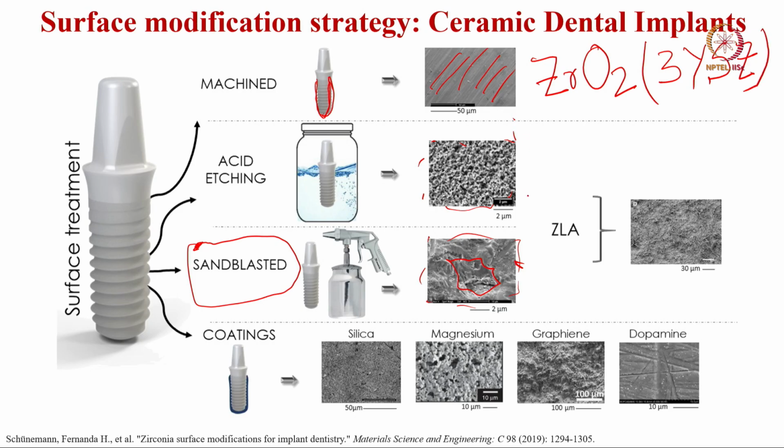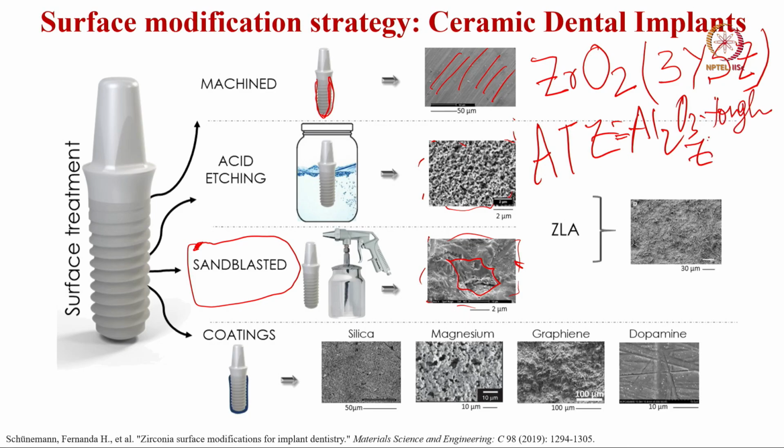People have also used ZTA, zirconia toughened alumina, or ATZ kind of materials. ATZ is alumina toughened zirconia, and ZTA is zirconia toughened alumina.